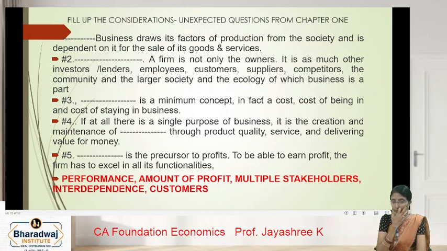Read the sentences very clearly, understand which will suit which. Business draws its factors of production from the society and is dependent on it for the sale of its goods and services. What would you insert there? Second one, a firm is not only the owner, it is as much as investor, lender, employee, customer, supplier and competitor, the community and society and ecology at large. Okay. Dash is a minimum concept.